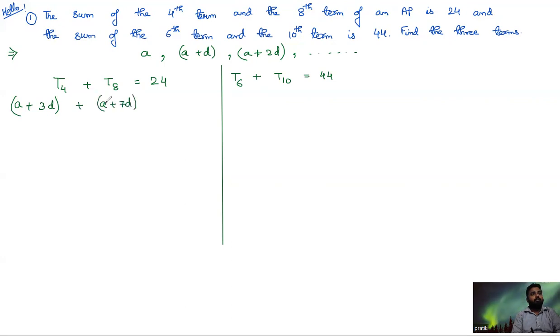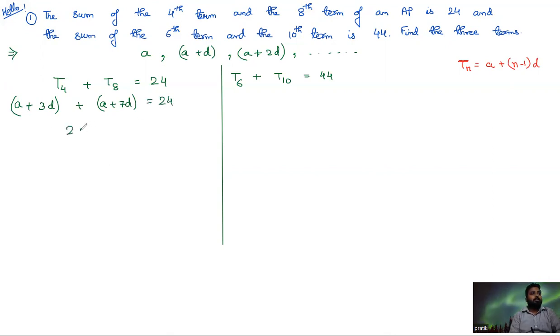The T of nth term is given by the formula A plus n minus 1 into D, which we have done before also. So this is summating to 24.